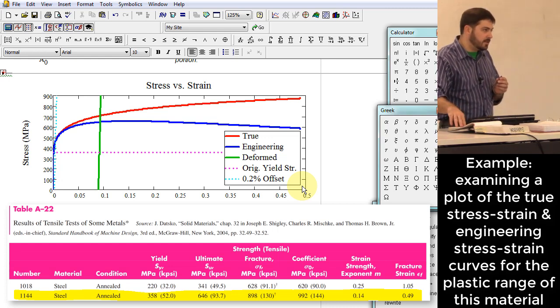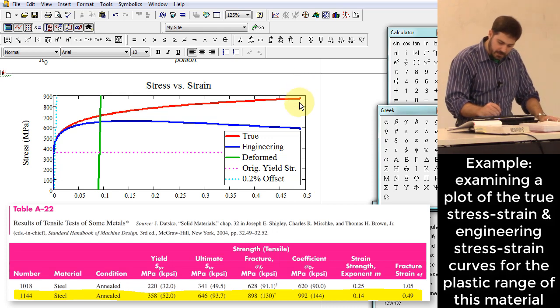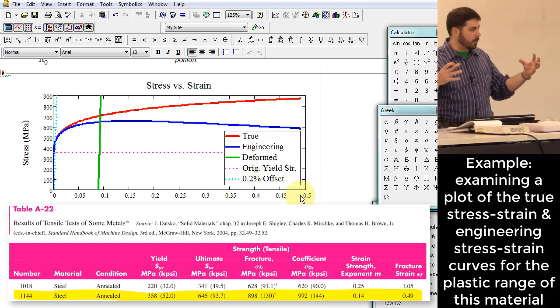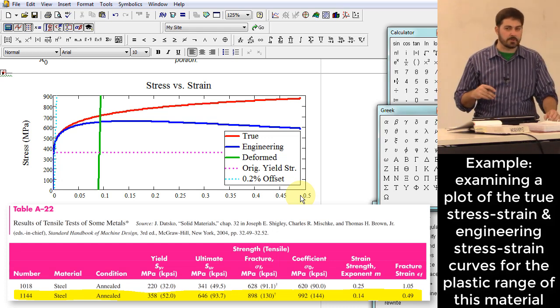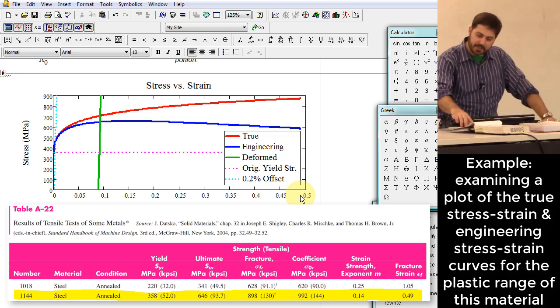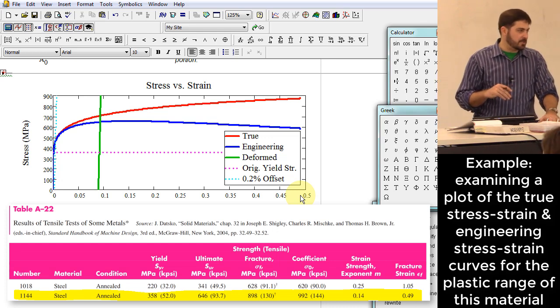See that? So I had these curves end at the point where we expect that it's not going to be able to strain anymore. That was how much it strained before it fractured. And by the way, based on running some calculations on this, I suspect that those are actually true strain values for that fracture strain, not engineering strain.